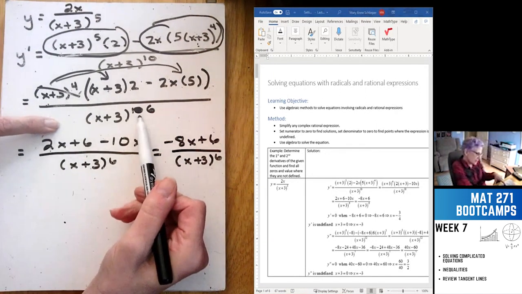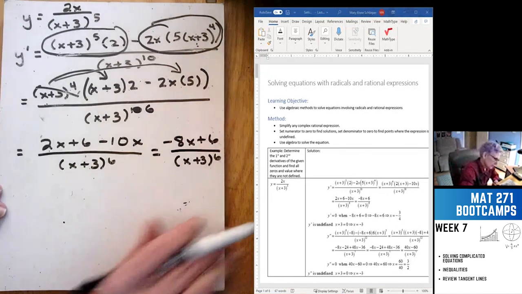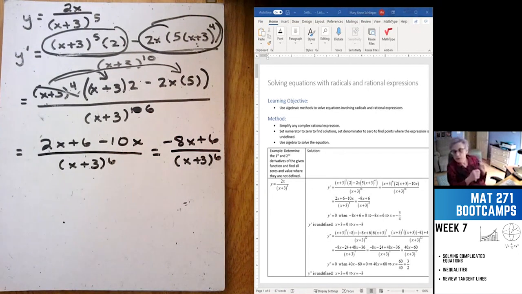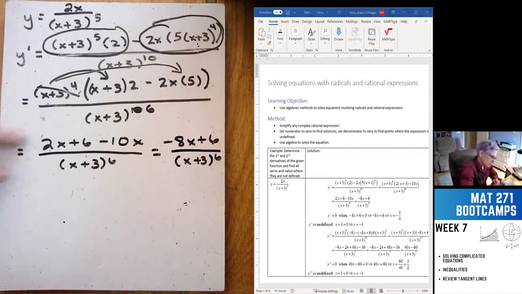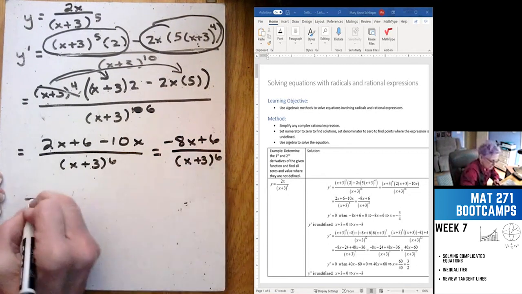We have x plus 3 to the 6th in the denominator, and we've simplified stuff. So far, so good, Edwin? Yep, looks good. Okay, so we want to know when derivatives are equal to 0 and when they're undefined. If you have a quotient, they're going to be equal to 0 when the numerator is equal to 0.